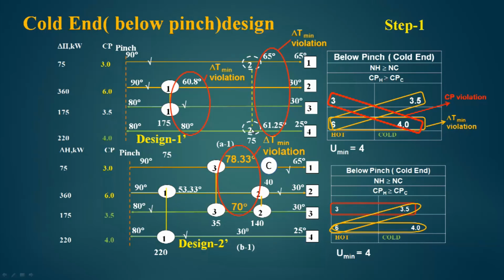We should remember that this is a pinch match and I am violating this rule, and hence I can expect a delta T minimum violation, which I see here. So, this match 3 to 4 is not feasible, and the 2 to 4 match is also not feasible, and hence I cannot create a heat exchanger network for the cold end by matching this way.